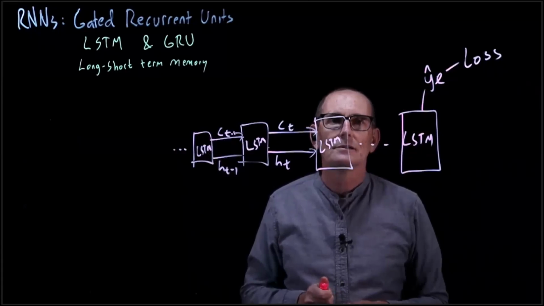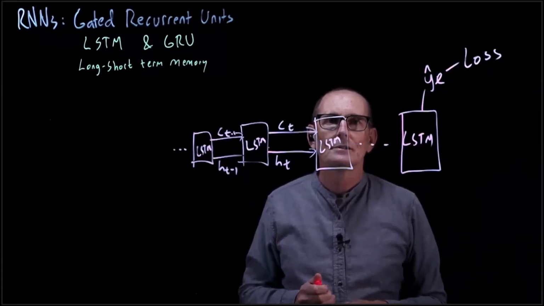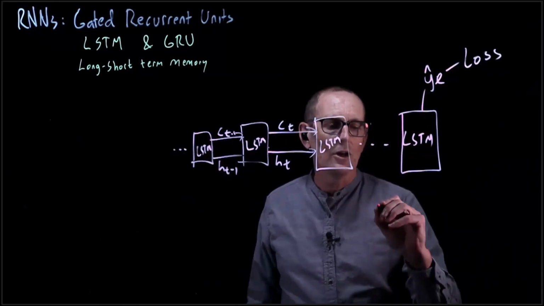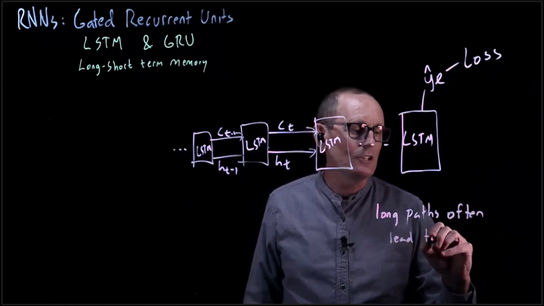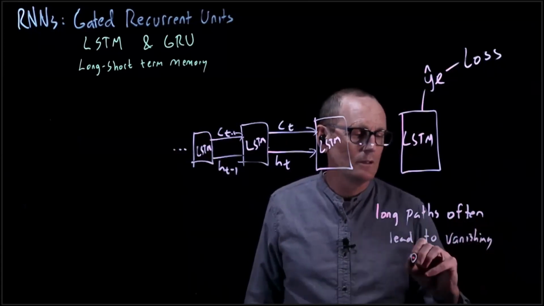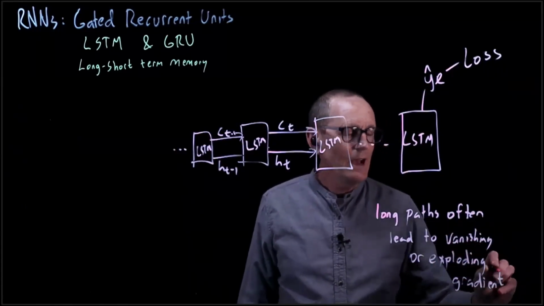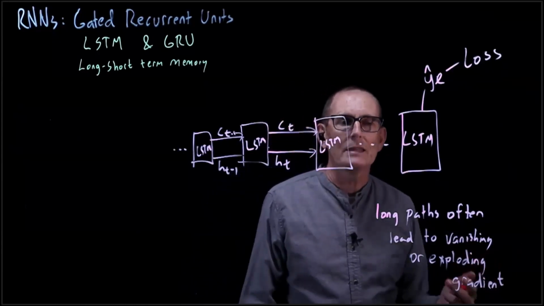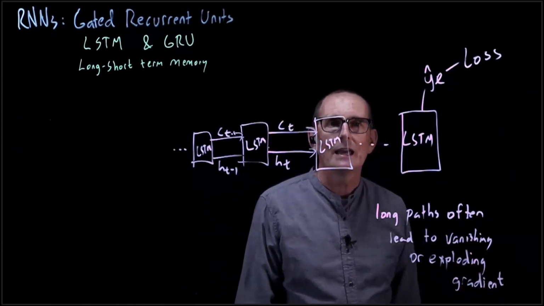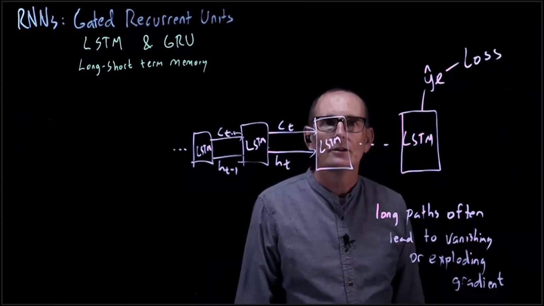We either have vanishing gradient or exploding gradient. Yes, long paths often lead to vanishing or exploding gradient. Have we seen an example of a neural net where we had long paths and yet we did not have vanishing gradient? Residual neural networks.